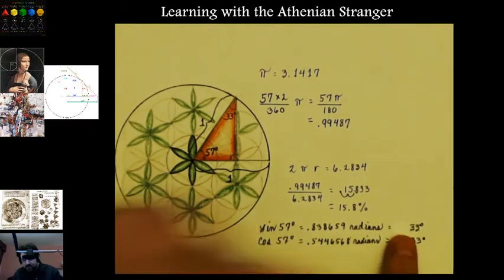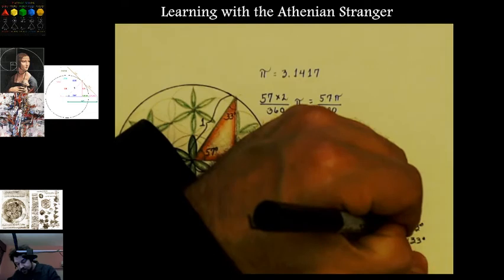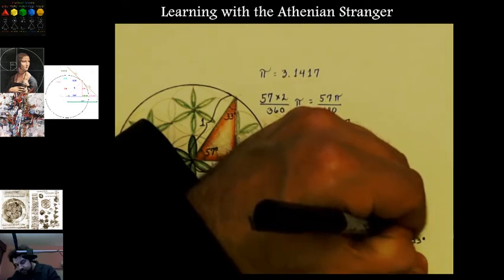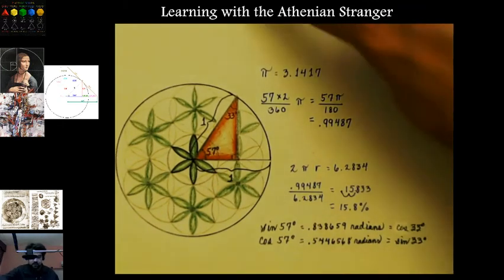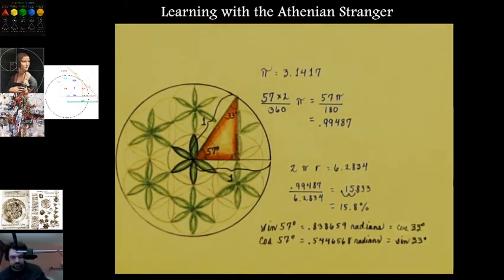So the mistake I'd made before, this was supposed to say cosine. I'll just let that absorb in.